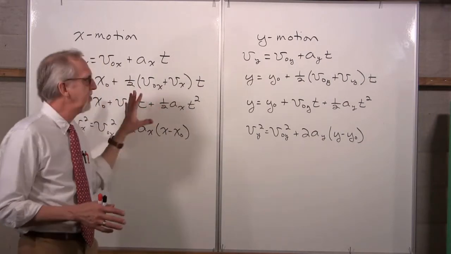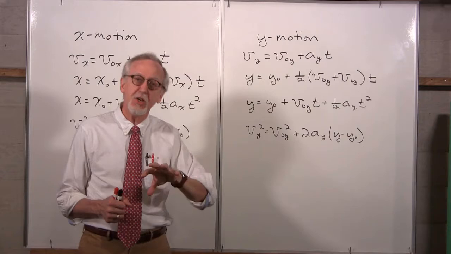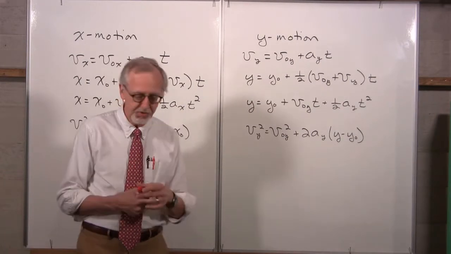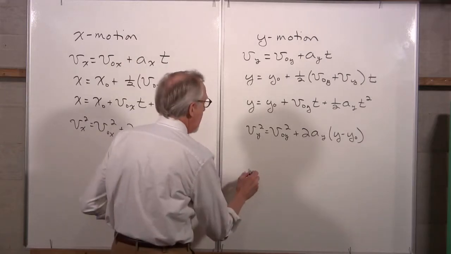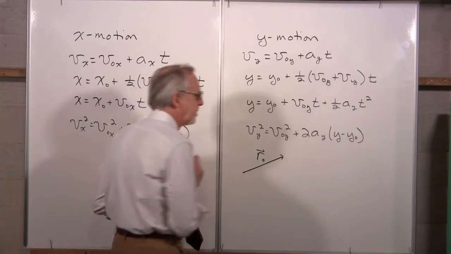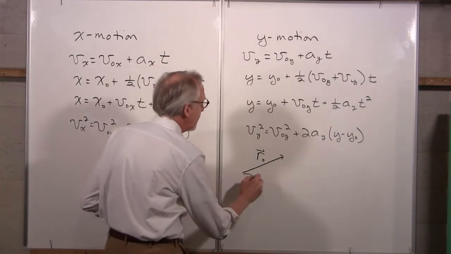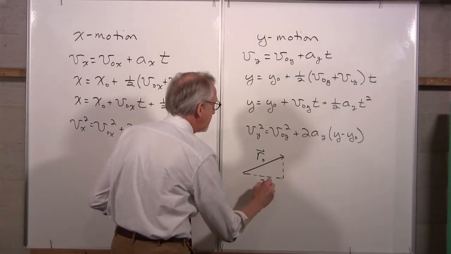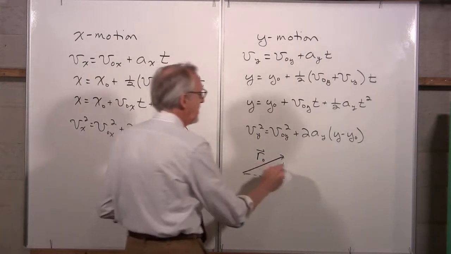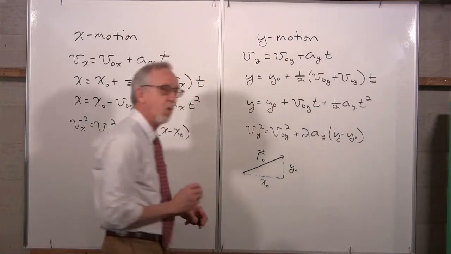So for any of these vectors, like the position vector r, which is now in 2 dimensions, we might have an initial position vector r. Here's our initial position vector r. We break that down into components, so the initial x component will be x naught, and the initial y component is y naught.